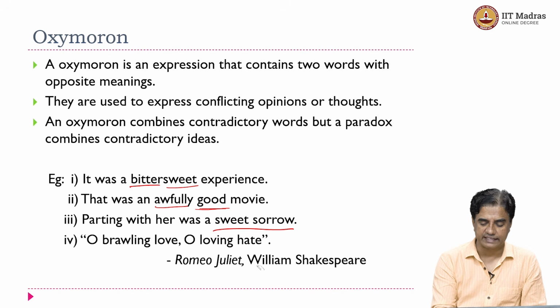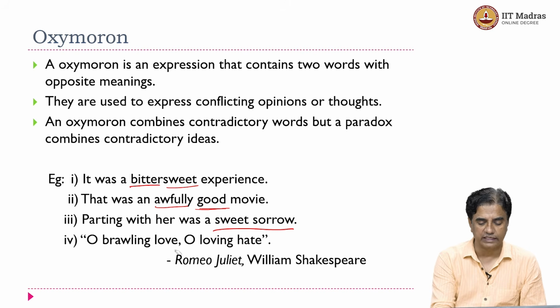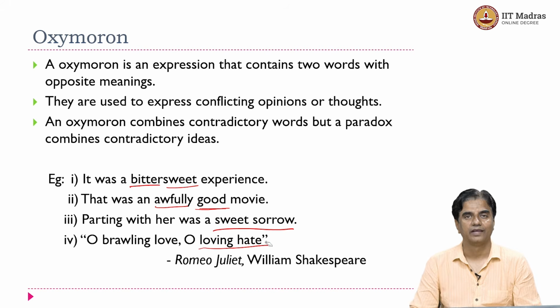Look at a sentence by William Shakespeare from Romeo and Juliet. Oh, brawling love. Oh, loving hate. Look at this. So, the use of literariness with the help of literary devices to make our language impactful is the idea, with the use of figures of speech in our language.